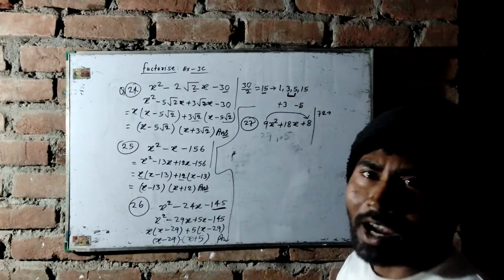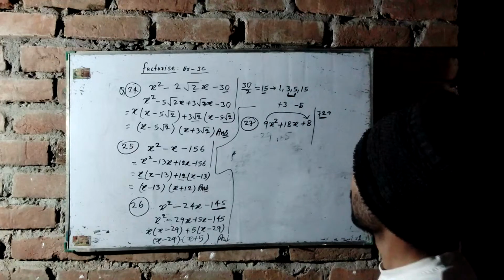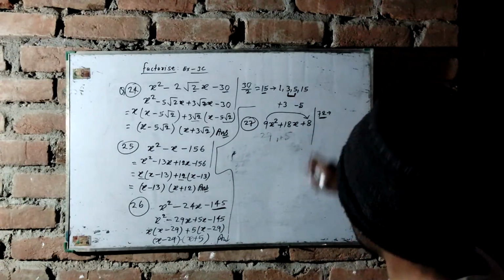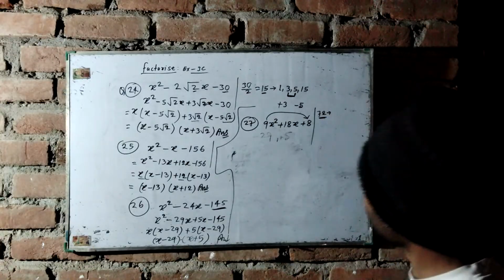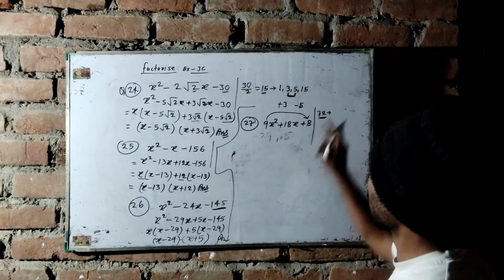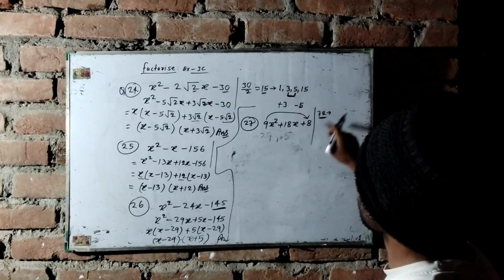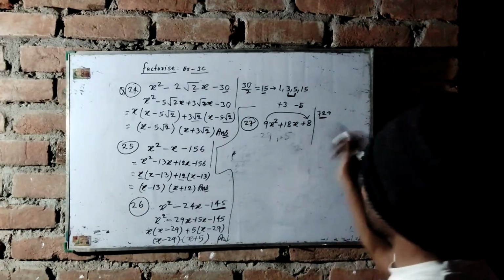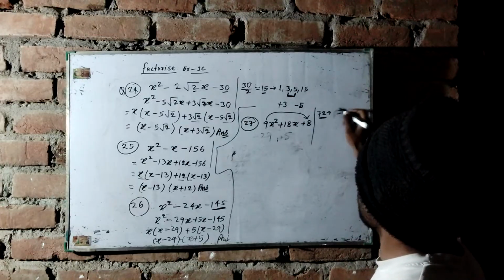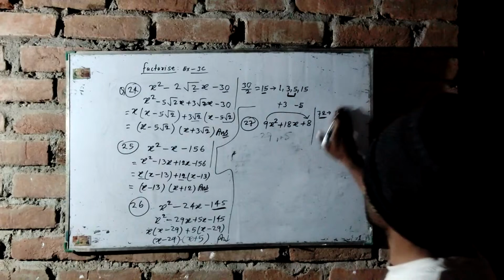If you are able to find two factors of this number whose sum will be 18 and their product will be 72. So let me find two factors of this number.